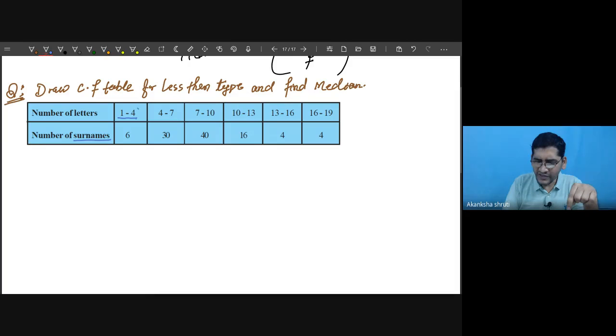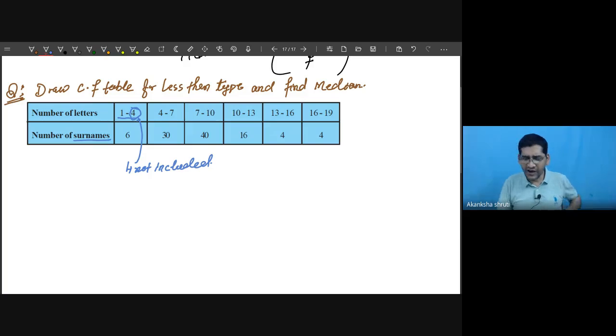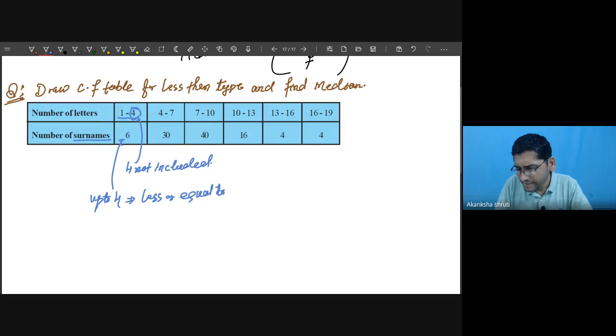So 4 is not included here. Getting? So 4 is not included. Therefore, this 6 is representing what? This 6 is for up to 4. No. If you consider this up to 4, it is indicating less than or equal to 4. So this statement becomes wrong.